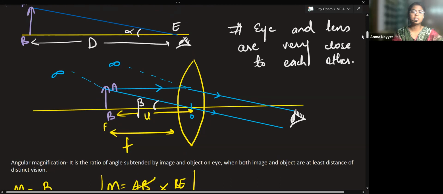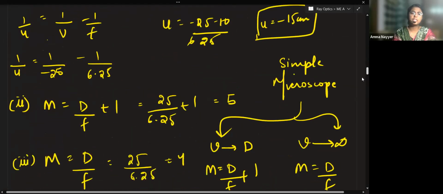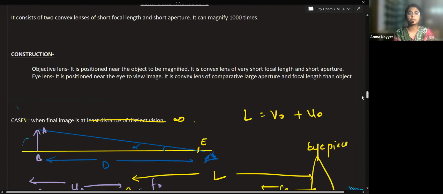Beta is the angle subtended by the image on the eye, and alpha is the angle subtended by the object on the eye. So this is the definition. We just did a revision for the simple one because the rest of the things are the same for the compound microscope.